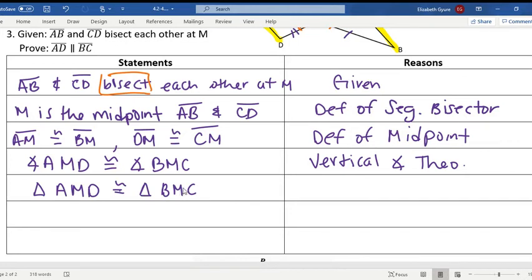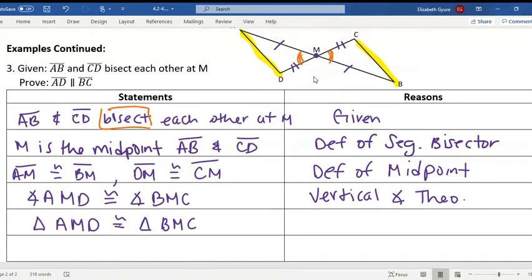What postulate allowed me to do that? This is one of the reasons why labeling your picture is so helpful, because if you have it labeled, it's so much easier to see. Julia? Very good. Side angle side. You had your set of congruent sides here, your vertical angles in the middle, and then another set of congruent sides here.